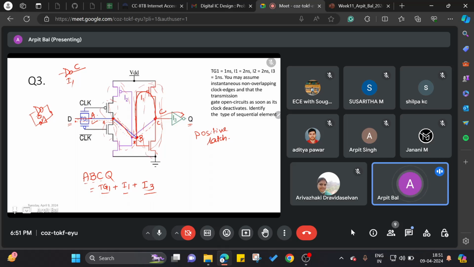From point C, it will take the purple line and traverse to point D, the input to inverter I2. Once it traverses the path to the inverter I2, at the output of inverter I2 this path will be ready the moment this latch becomes opaque.